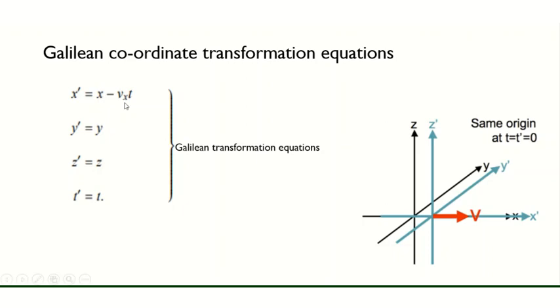So these coordinates with respect to the moving frame S dash can be written as x dash is equal to x minus vxt.